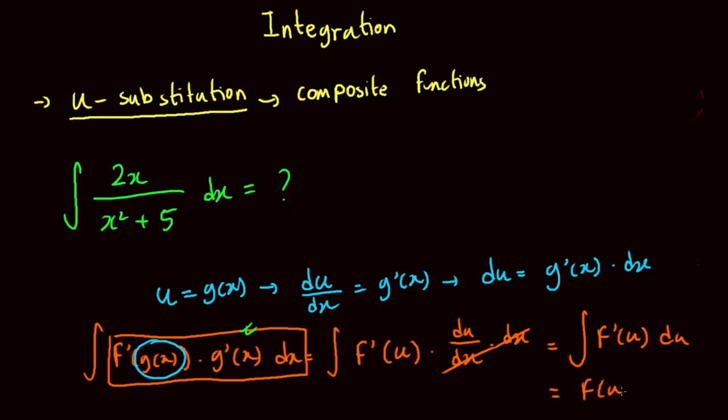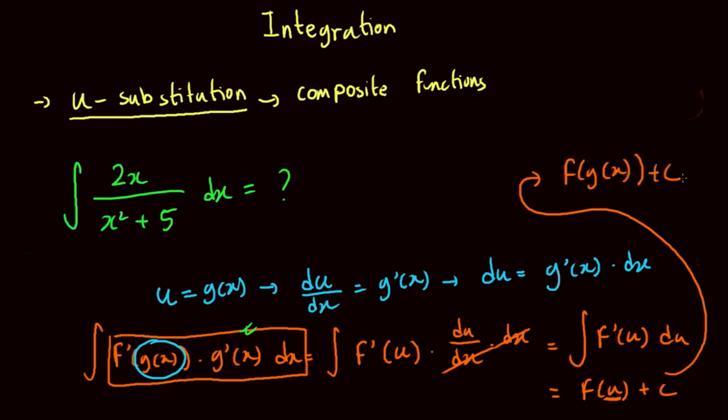Then we're just left with f(u) plus c. And then this u you can just replace back and you'll end up having the original function, which will simply be f(g(x)) plus c. So that's a very simplistic way of how we use u-substitution.